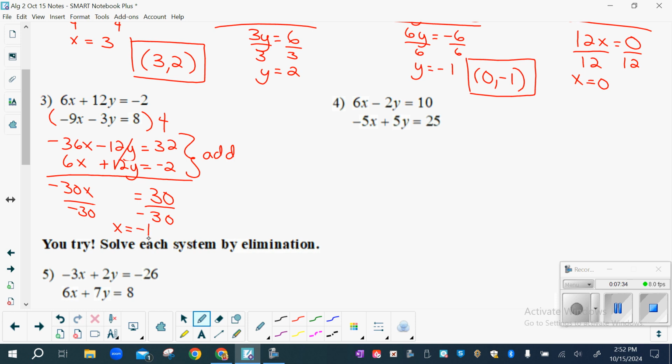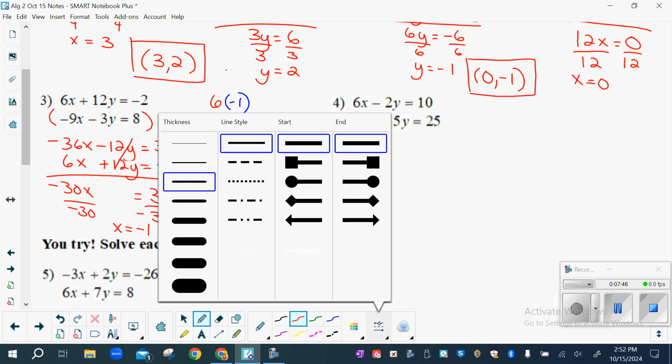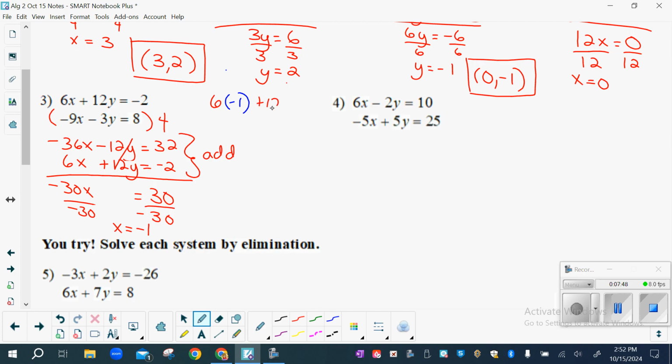So I'm going to take the negative 1 and put it into either equation. Here's the first one. I get negative 6 plus 12y equals negative 2.